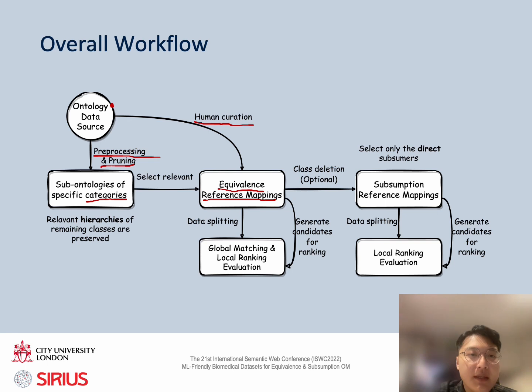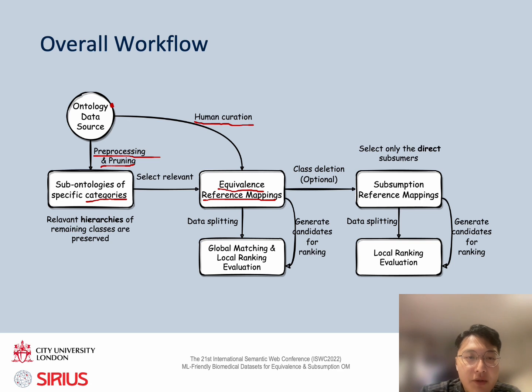Categories for UMLS refers to the semantic type, and for Mondo, the only category is disease because that's what the ontology focuses on. Note that the relevant hierarchies of the remaining classes in the sub-ontologies are preserved so that the ontology structure is not broken.